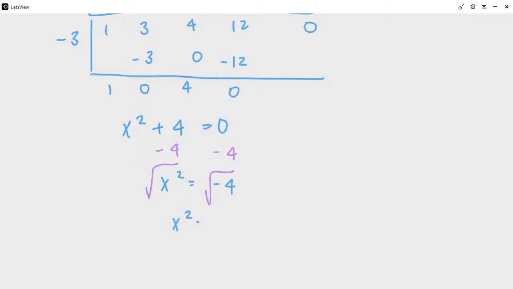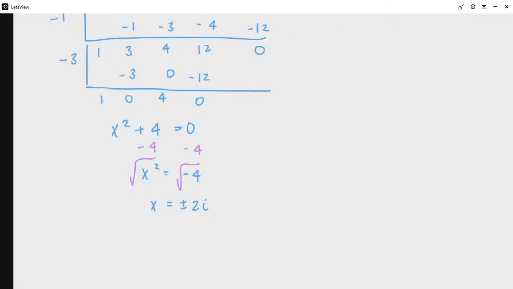So we get x equals plus minus 2i, since the square root of 4 is 2 and the square root of -1 is i. So that means the zeros are, or are we solving this?